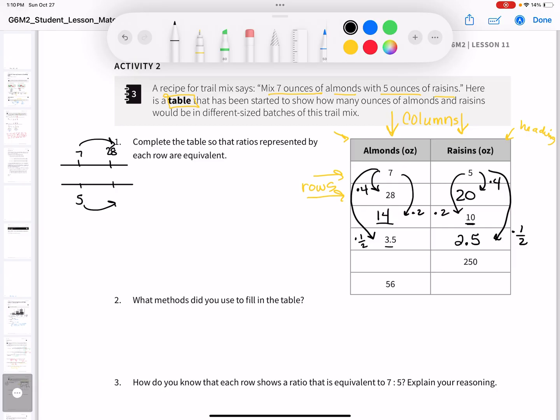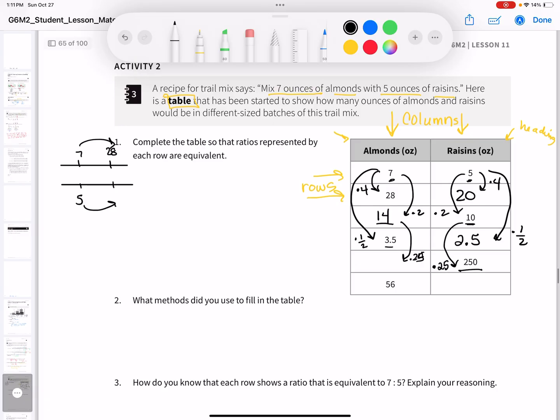Now, what's also really cool about a table is I can use any number that I want. Right now, we've been using our first ratio, but for 250, I could go to 10 and I know 10 times 25 gets me 250. So what is 14 times 25? Right?